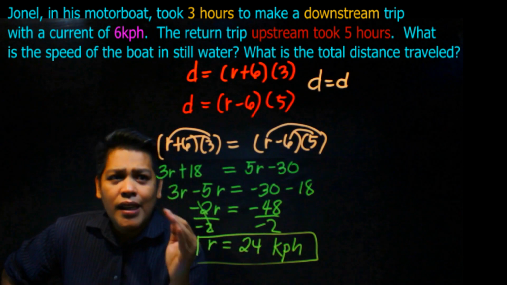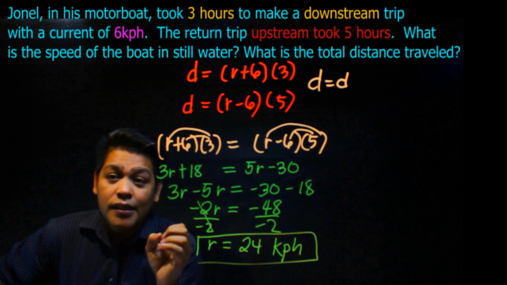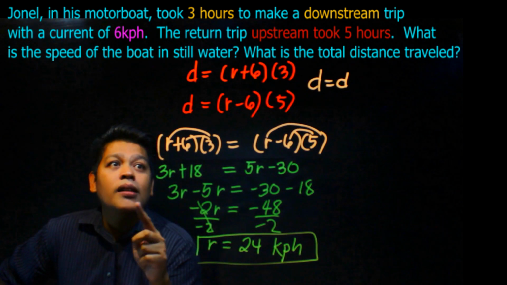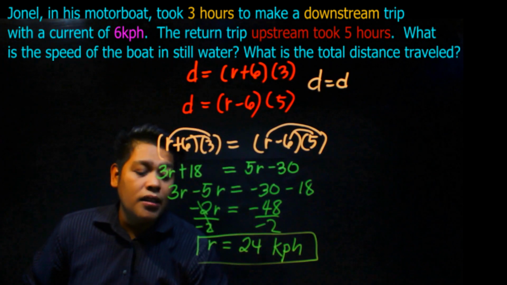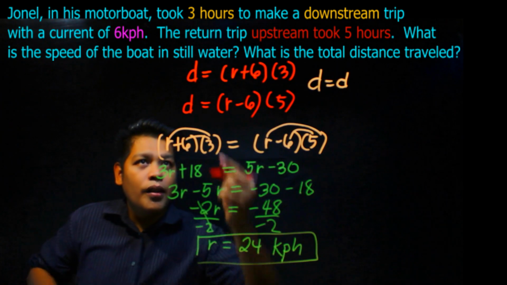So, ngayon, ang next question is, what is the total distance traveled from point A to point B and point B to point A? So, kukuha tayo rito ng equation kahit alin dito sa dalawa. So, distance, ito ang equation number 1.